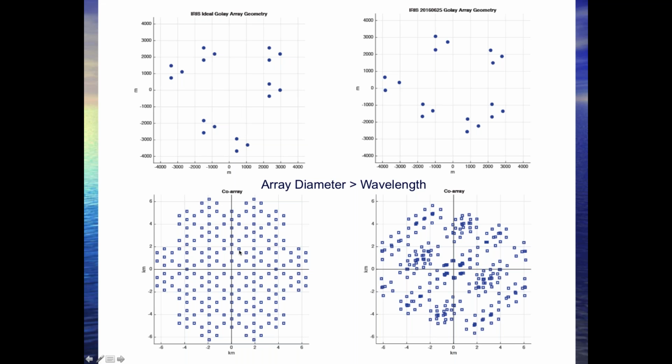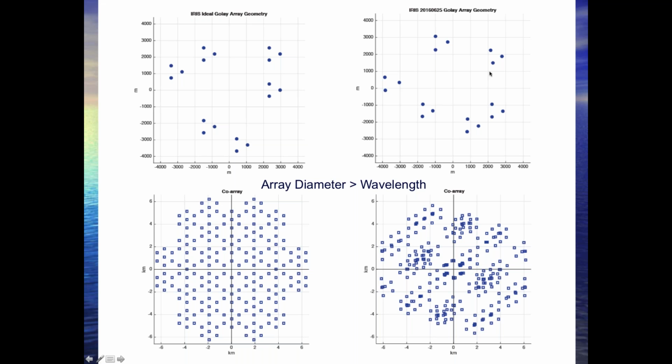But if you look at the co-array diagram, which is simply plotting all of the distances and azimuths of every pair of stations on another spatial diagram, you can see that we can sample a wavelength across this spatial area fairly uniformly with this odd arrangement of sparse seismometers.